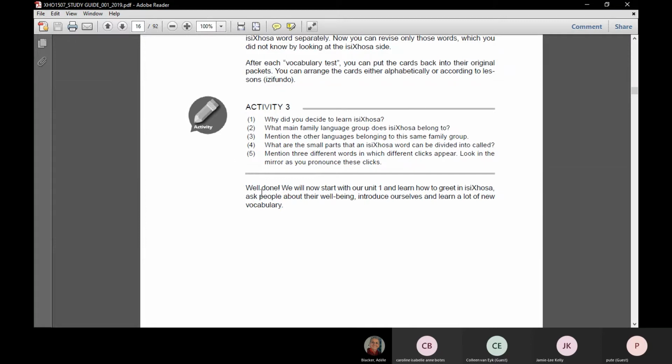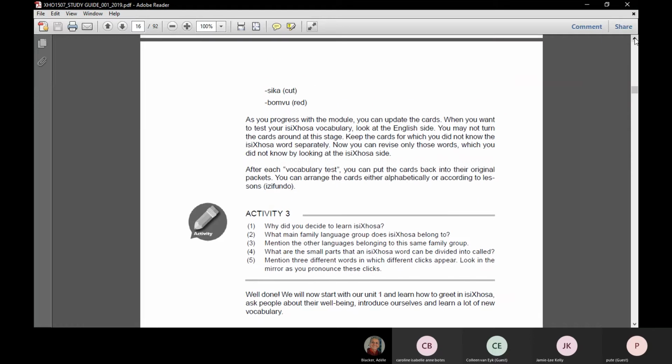Number 4, what are the small parts that an isiXhosa word can be divided into called? Is it the prefix, the subject concordance, and the stem? The small parts, yes, those are the small parts. A prefix, a stem, and a suffix, right?